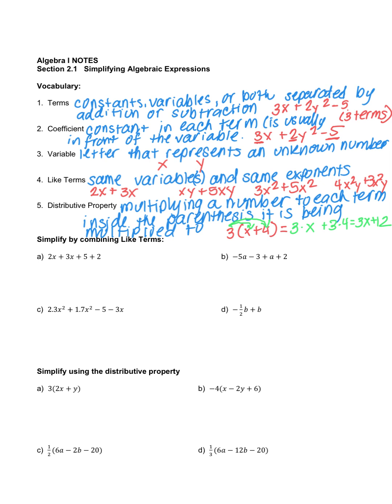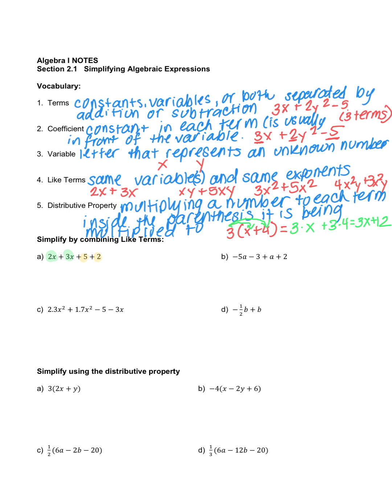Now let's go ahead and simplify like terms. Simplify by combining like terms. So we have 2x plus 3x plus 5 plus 2. Now notice we have like terms here, so we're going to go ahead and highlight those. We have 2x is like 3x, and then we have our 5 and our 2.